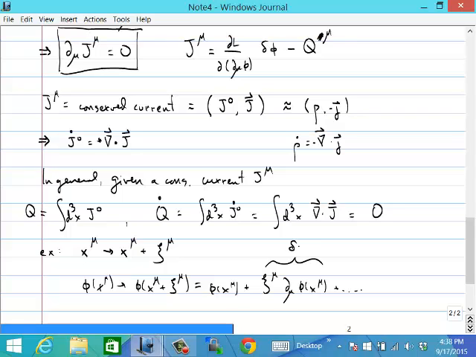And this is the variation delta phi. I'm using zeta mu instead of epsilon here. If you like, you could think of zeta mu as some unit vector times the infinitesimal parameter epsilon that I wrote earlier.